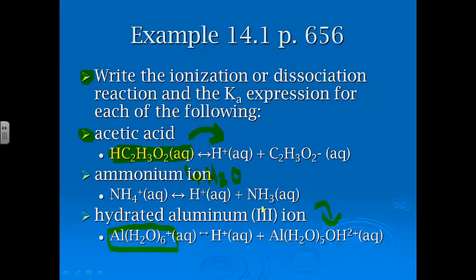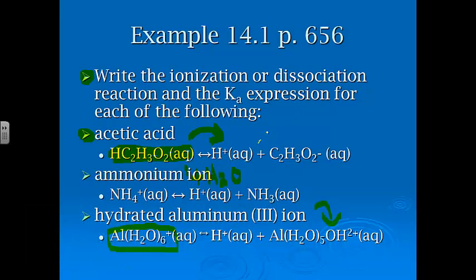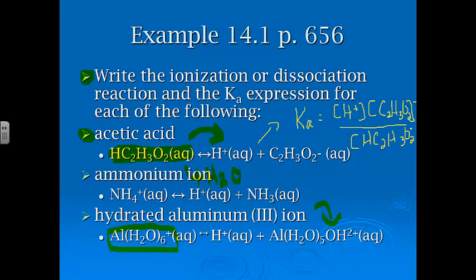So for example, let me see on this one if I can write the Ka out to the side here. All right, so for acetic acid, remember your Ka expression is simply going to be your hydrogen ion times the acetate minus over the concentration of your original acid.